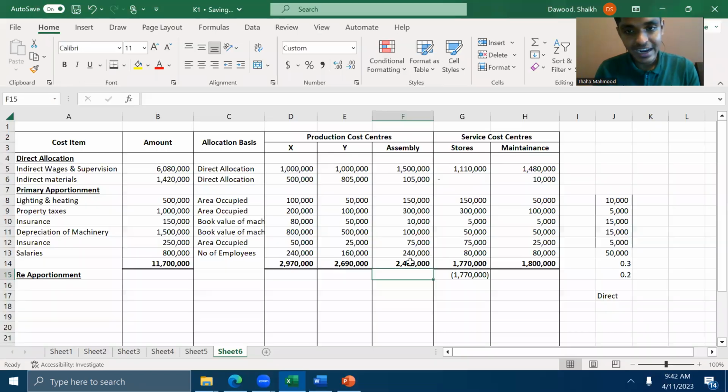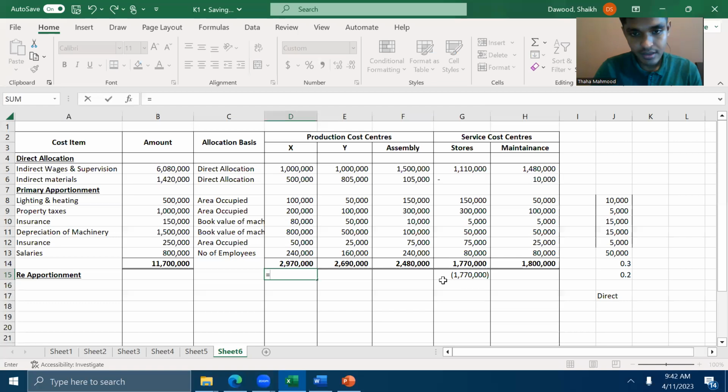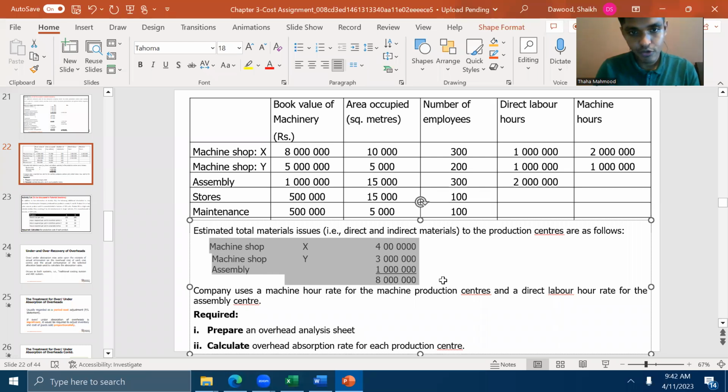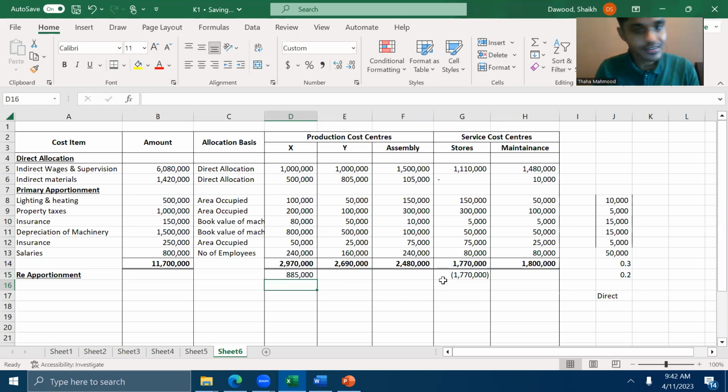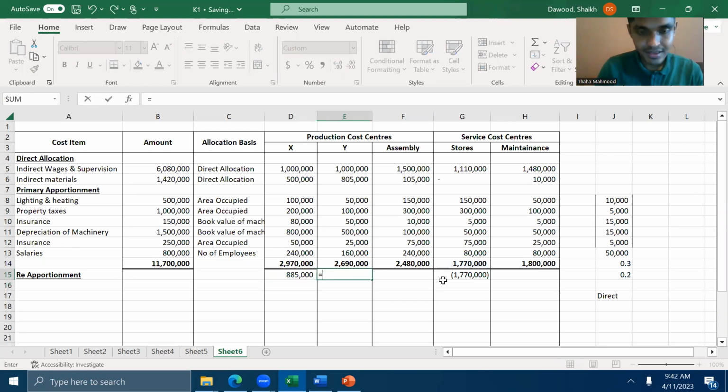So it would be 8 million equals this amount divided by 8 million multiplied by 4 million by x. These calculations are very simple.